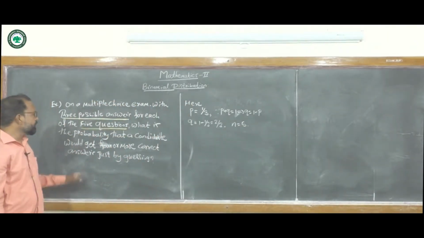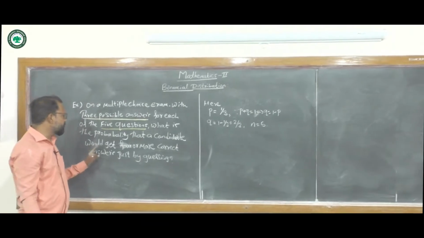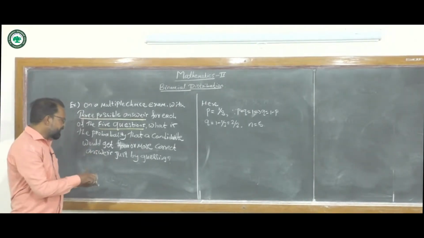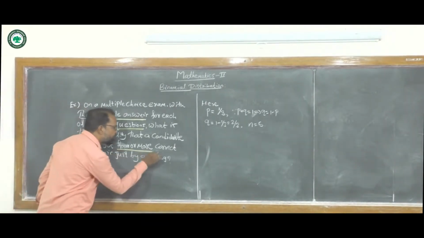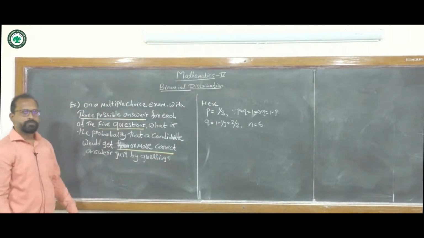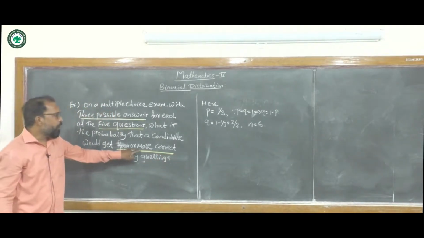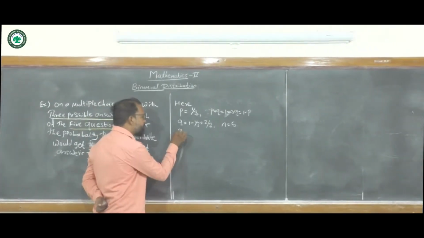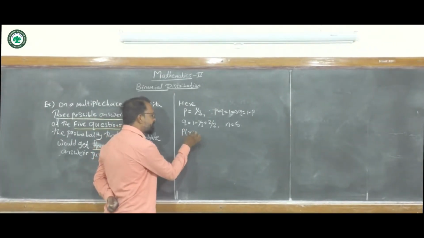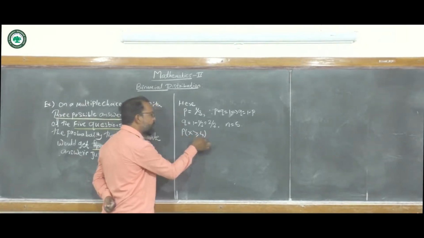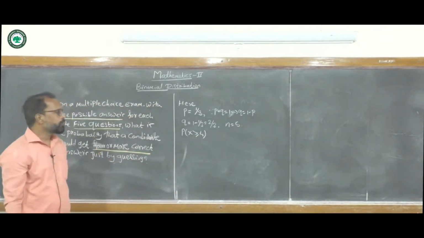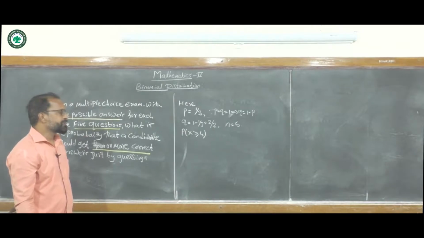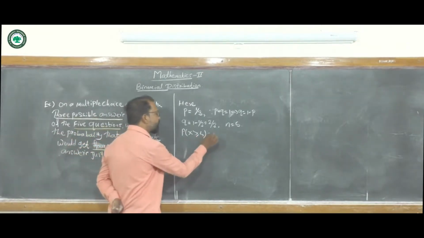Now we have to find the probability that a student gets 4 or more correct answers. That is, we have to find the probability of x greater than or equal to 4.